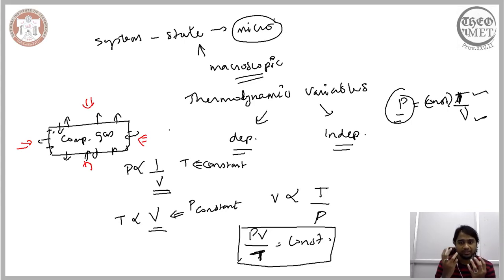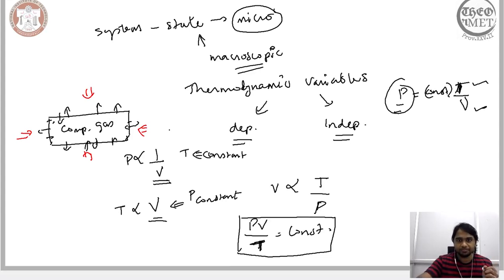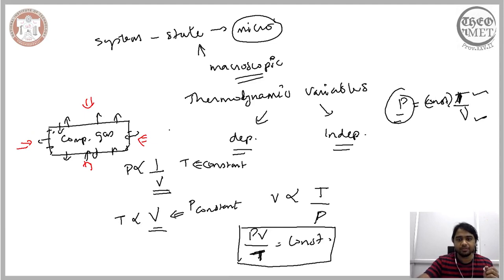So there is also another way of categorizing the thermodynamic variables. In order to understand this categorization, again let us focus on this expression we have here, PV by T is a constant.